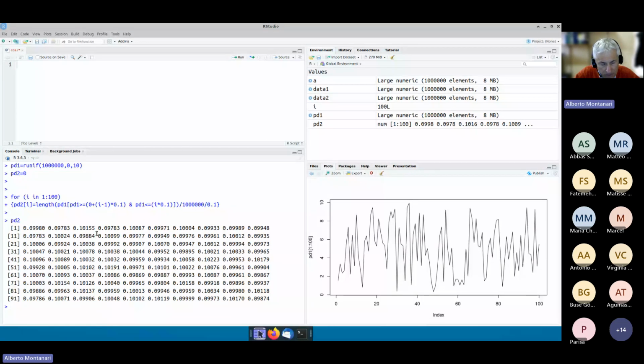Okay, 0.1. Good. Let's plot it. Okay, plot PD2, type equal line.